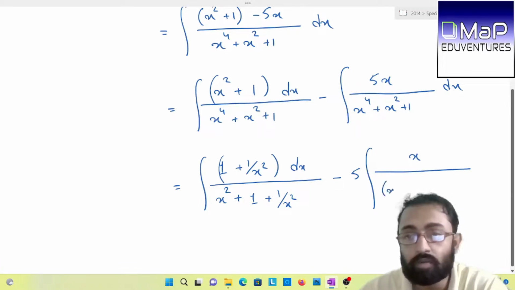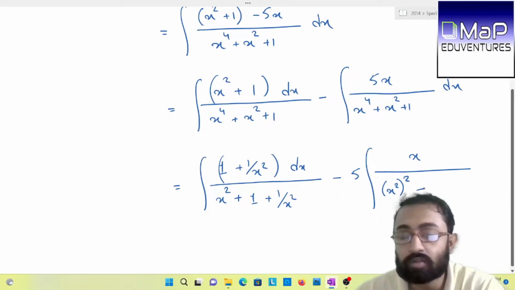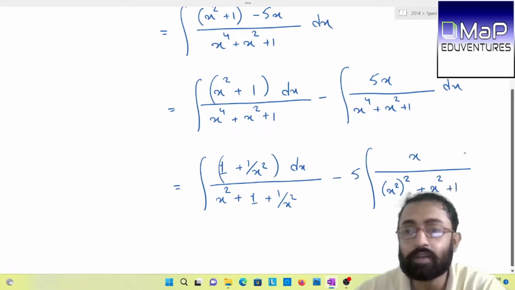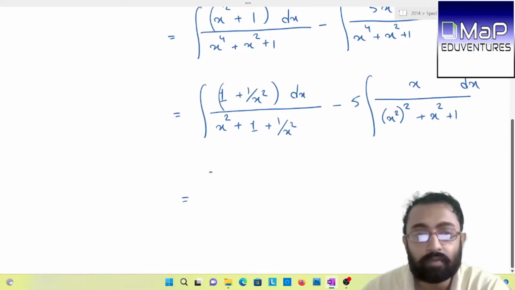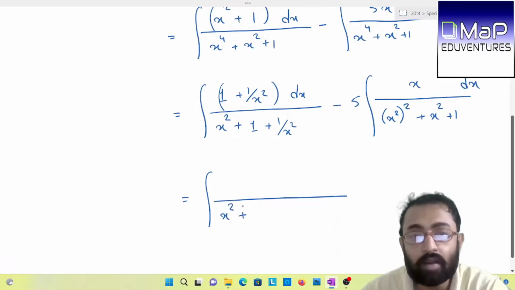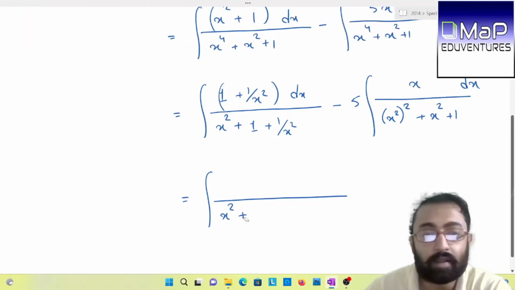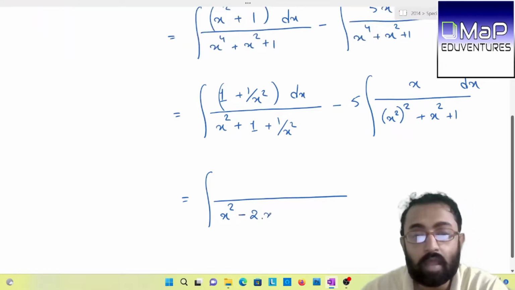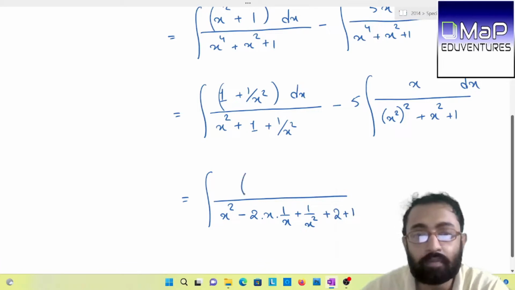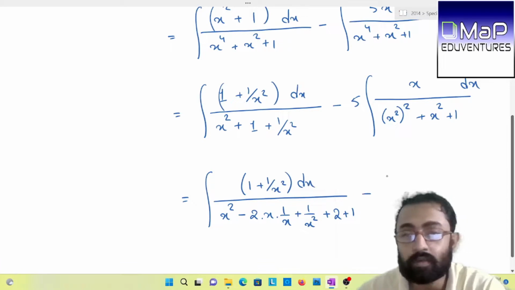So here we can take x squared whole square, so that after substituting you are going to get the numerator. Now the first part, let us form the completing square: x squared, minus 2 times x into 1 by x, plus 1 by x squared, and you have to add a 2, and we have a 1 from beforehand. So this is our first integration.